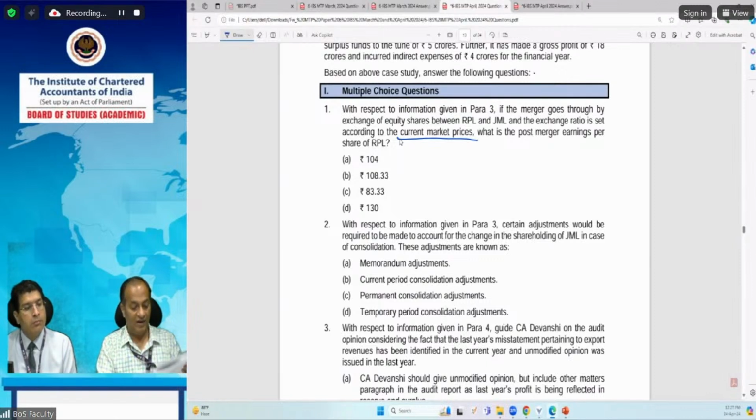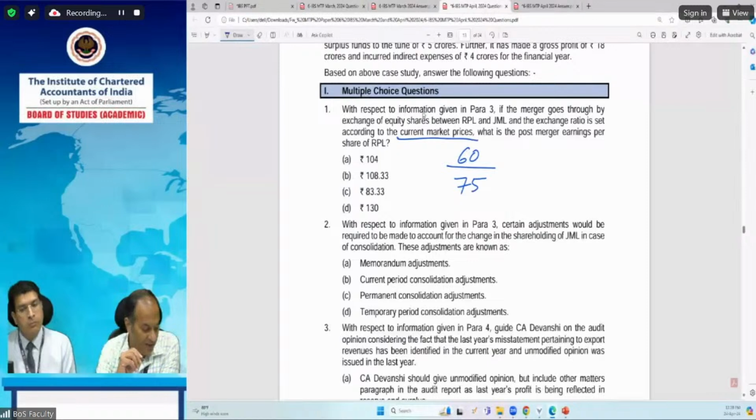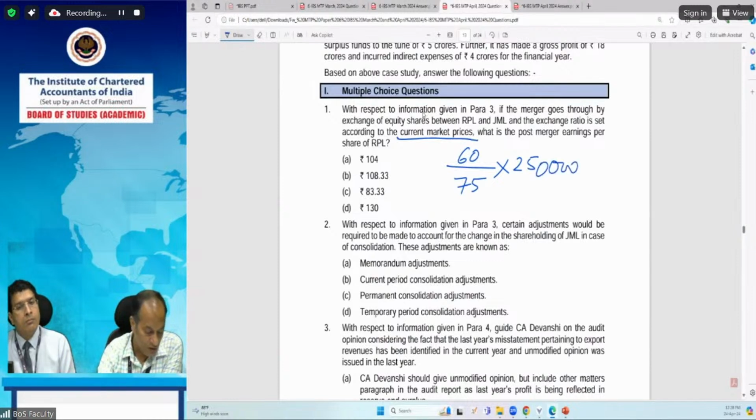Now here, the exchange ratio is through the current market price. Our current market price of RPL is 75 and of JML is 60. The outstanding number of shares of JML is 2,50,000.